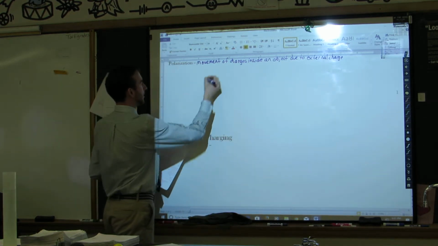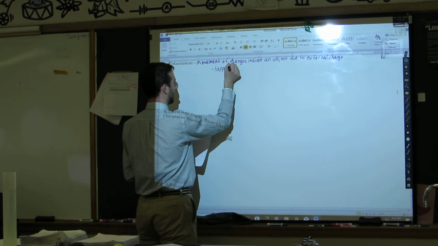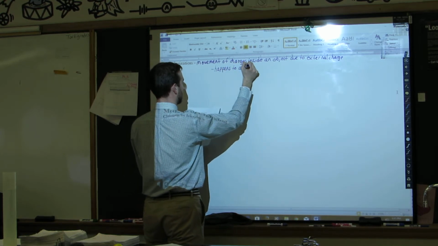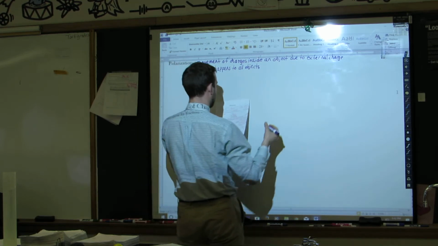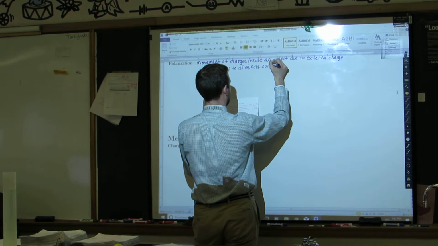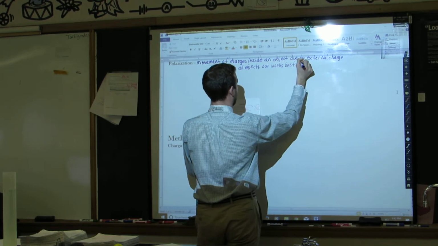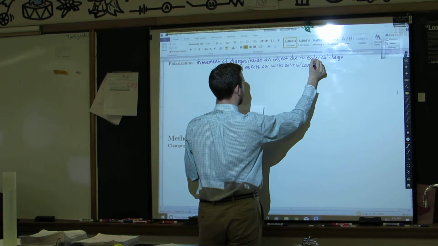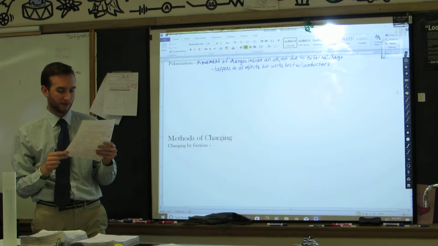Okay. Polarization happens to all objects, but it works best with conductors. This is our first mention of conductors. Okay, we're not going to talk too much about them.